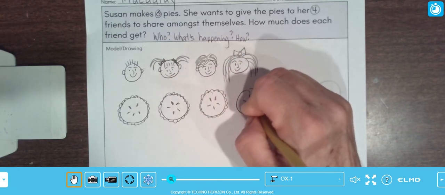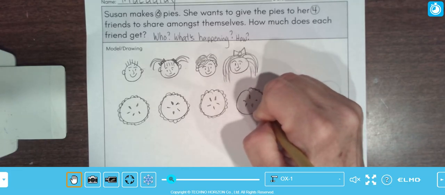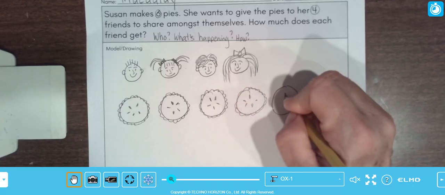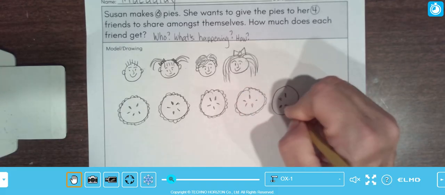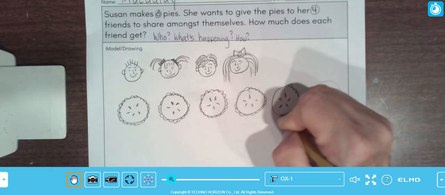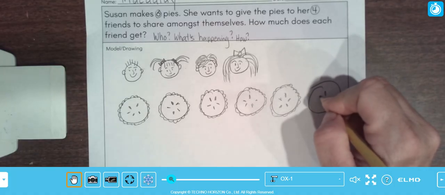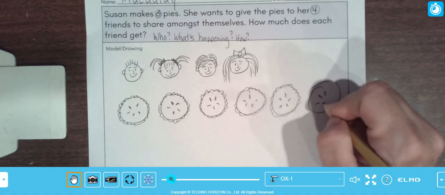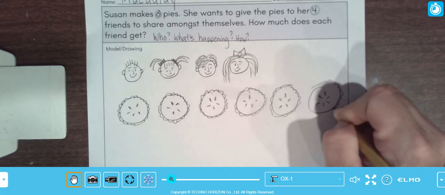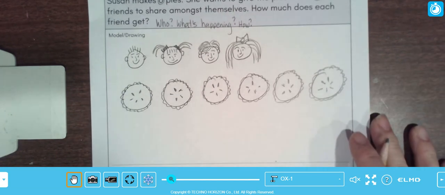One, 2, 4, 5. And then 1, 2, 3. Okay. Okay, so here are my 6 pies.